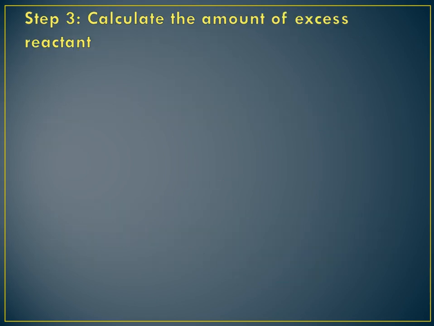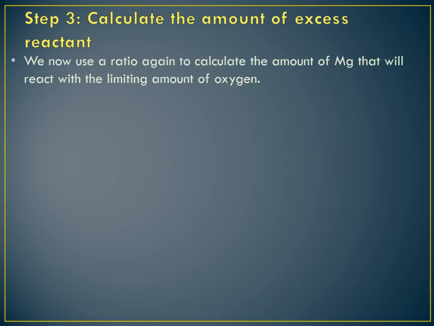Because we know that oxygen is now limiting, we want to work out how much magnesium is in excess, because it was the excess reactant. We can use our mole ratios again to calculate the amount of magnesium. So we set up our ratio. We know that magnesium is 2:1.